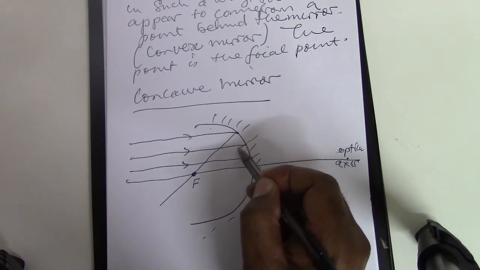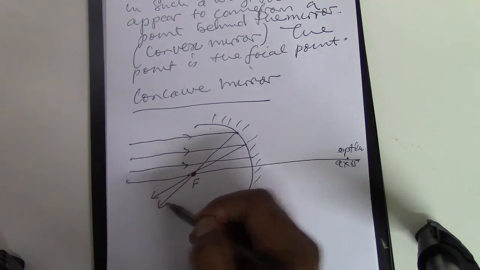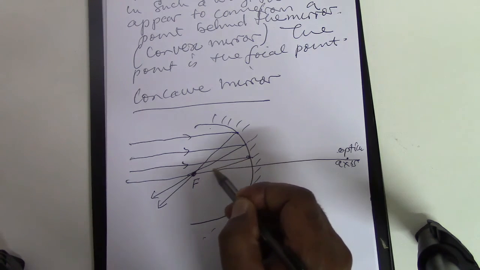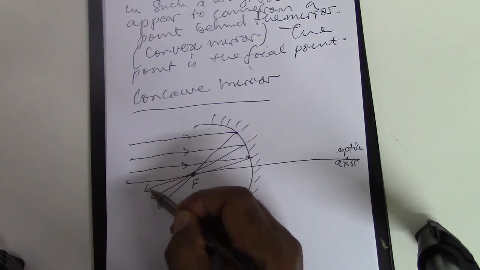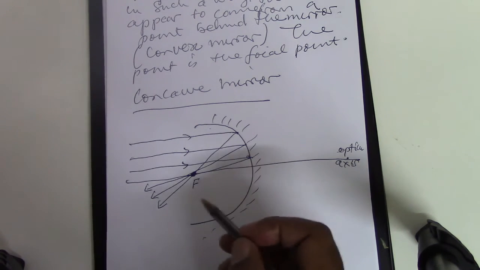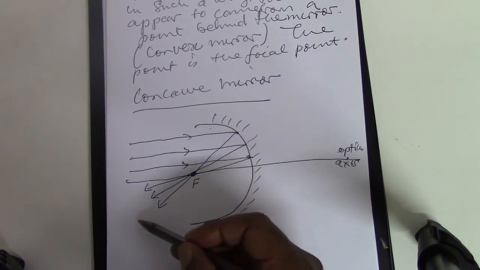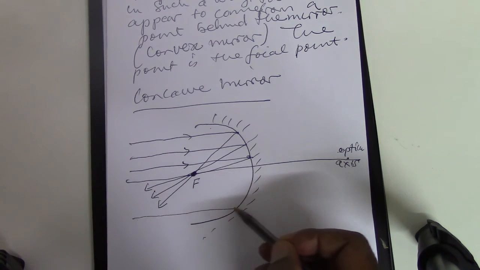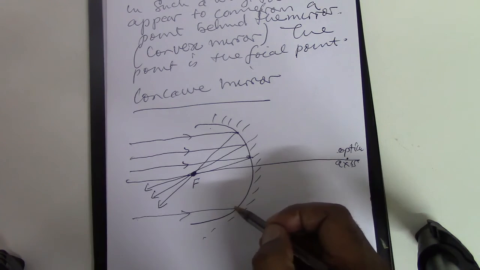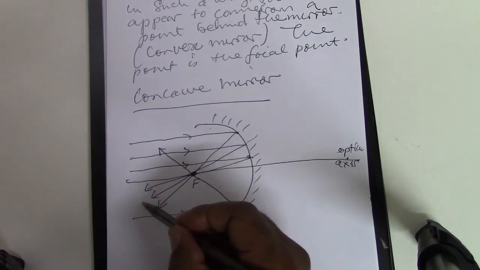This one reflects but passes through the focal point. And this one reflects and passes through the focal point. Like that. Right. The same applies down here. If you have a ray parallel to the principal axis, it is also reflected passing through the focal point.